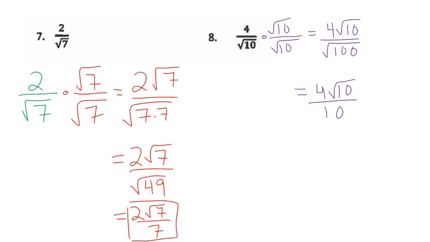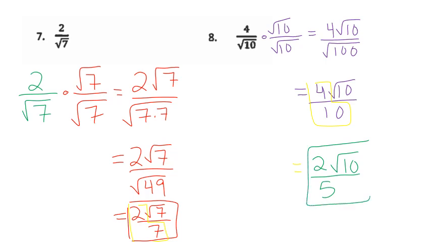And then finally, we're going to look at what's outside, because 2 sevenths for the last one didn't reduce, but 4 tenths does reduce to 2 fifths. But I'm not going to simplify that radical 10, because radical 10 and 10 are different. So our final answer would be 2 root 10 over 5.